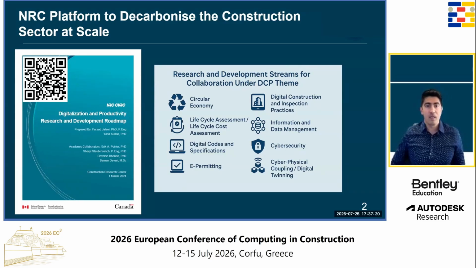national policy. To do this, since 2022, we started a platform at the national scale with around $192 million investment from the federal government of Canada to decarbonize the construction sector at scale.